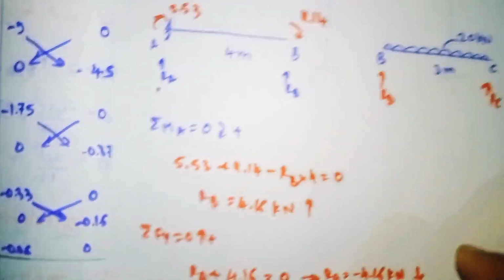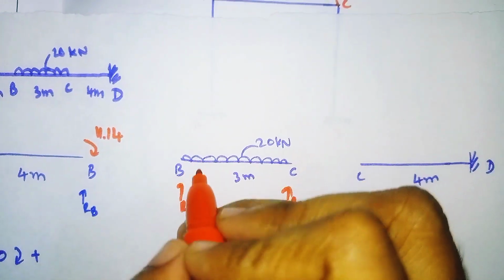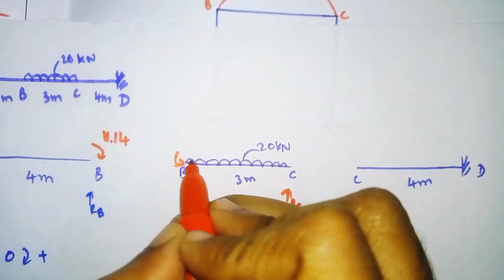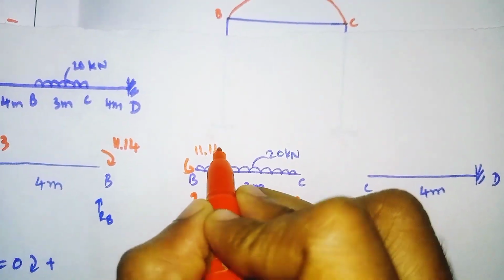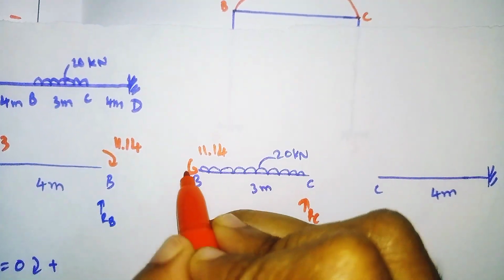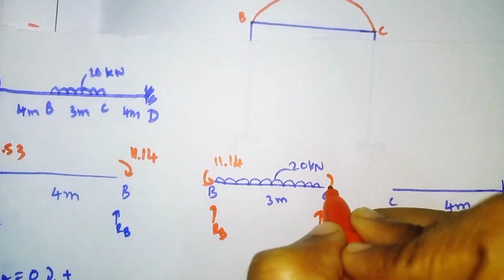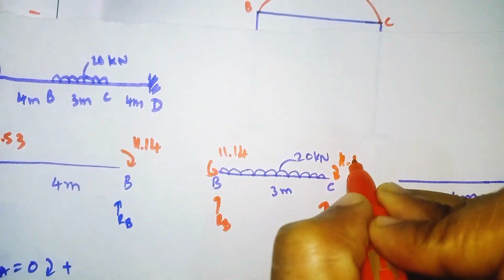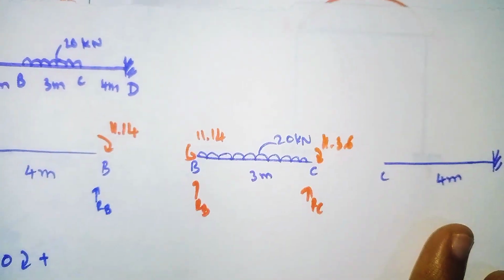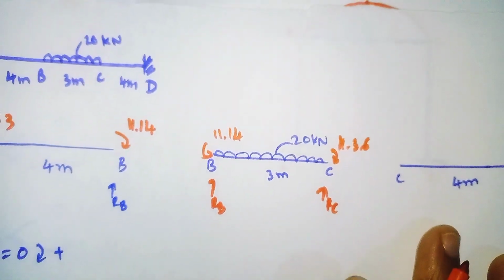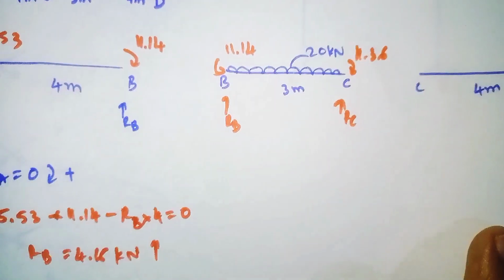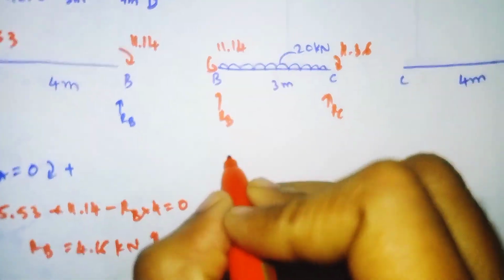So we'll write here minus 11.14. We don't need to write the negative sign here, the symbol itself says it is negative. And positive 11.36.